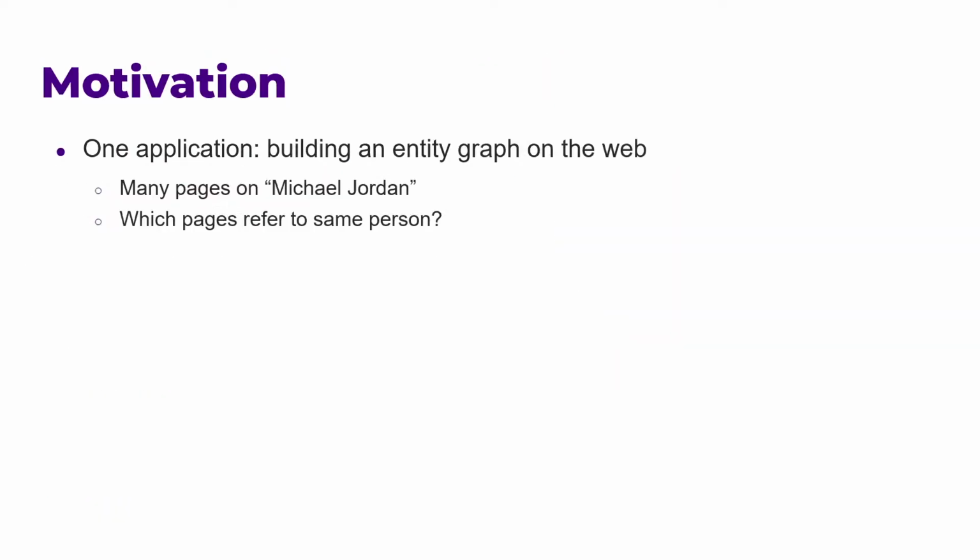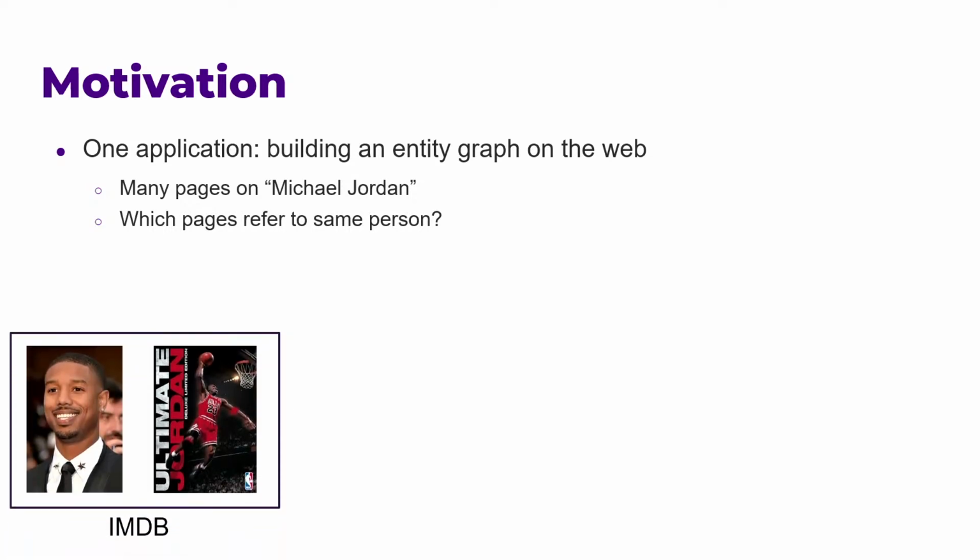I'm going to give a little bit of motivation on how we can use the correlation clustering problem. This is also given by my collaborator. In one application, there are a lot of pages that have maybe the same name but refer to different people, like Michael Jordan. We want to figure out which pages refer to the same person. We might extract some pages from IMDb. We will have a basketball Michael Jordan and then an actor Michael Jordan.